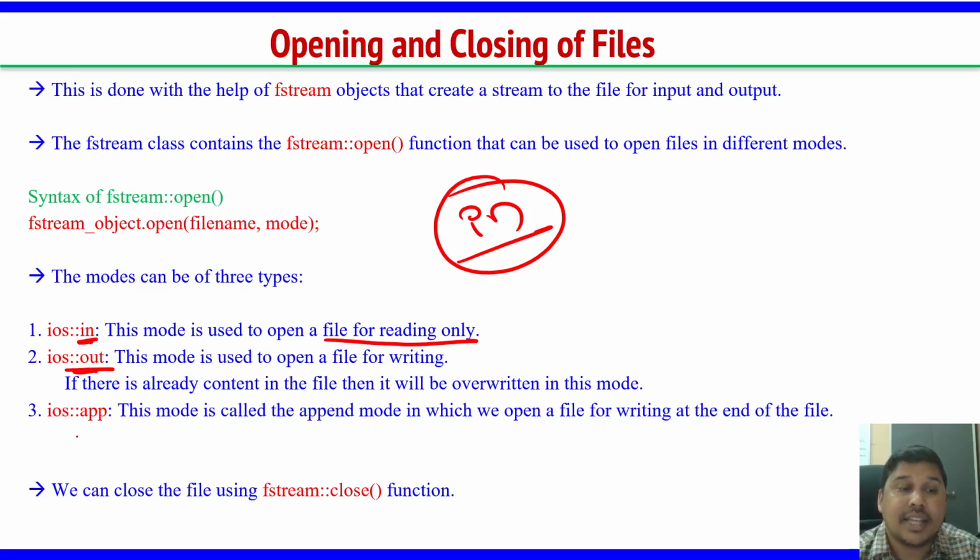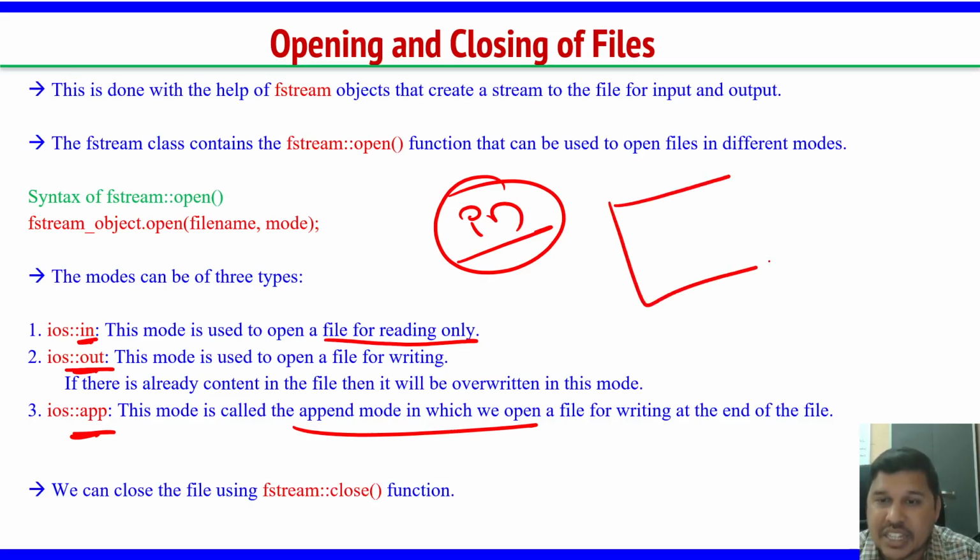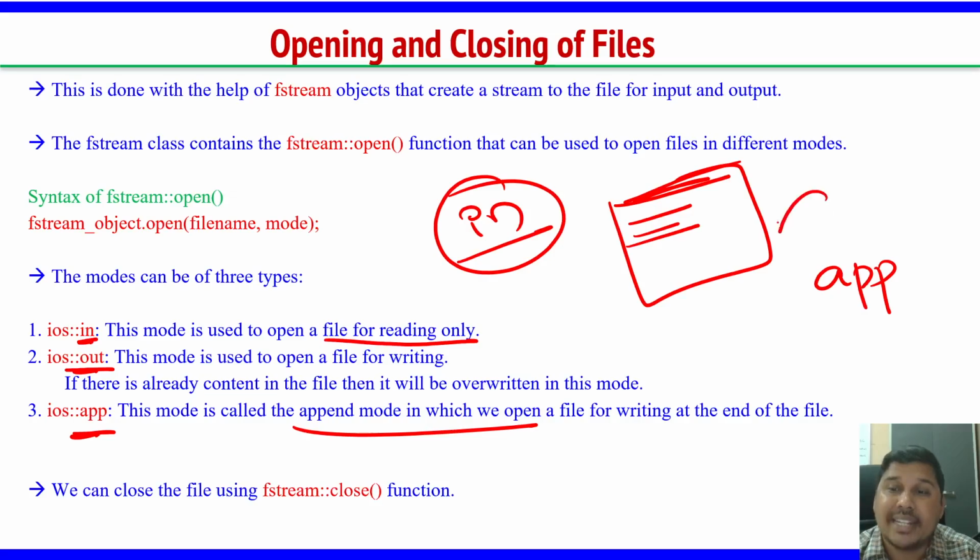And there is app, which is append mode. It means you are opening an existing file with some content and writing extra content in continuation with the existing content. Then you have to use append mode.